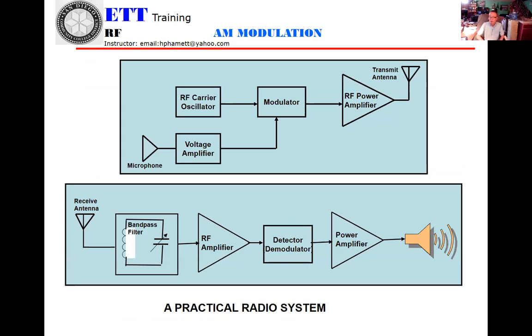Okay, that is a practical radio system. One will be the transmitter and another one will be the receiver. On the first one, you can see a circuitry modulator. That is a circuit modulator.